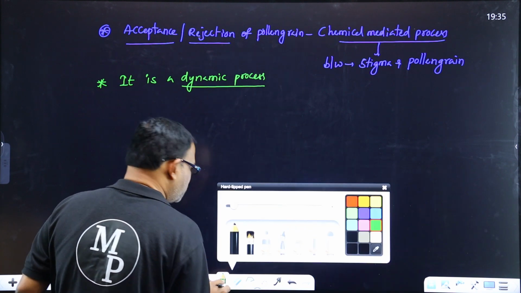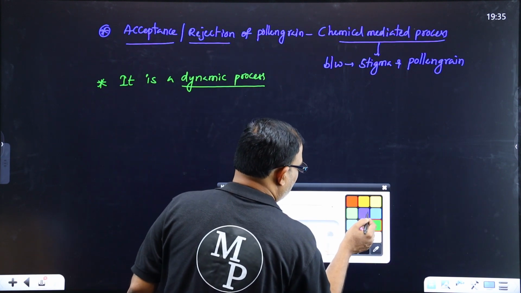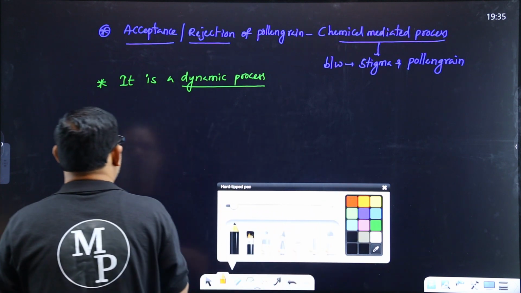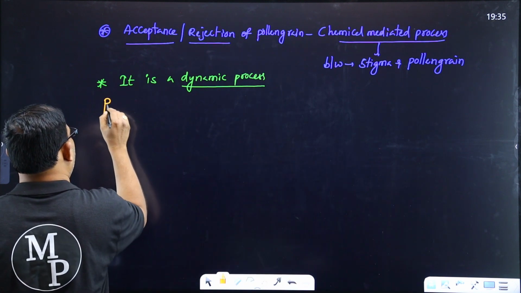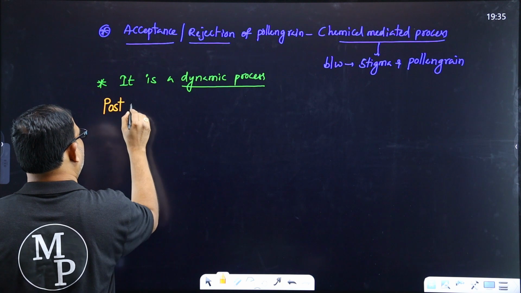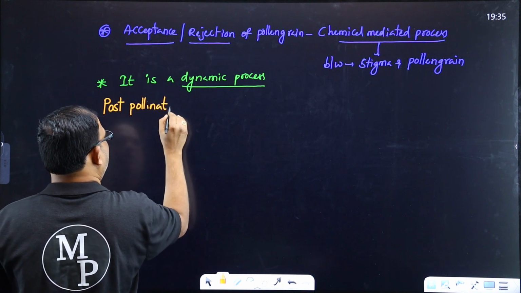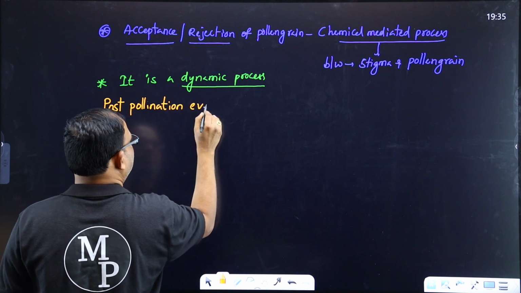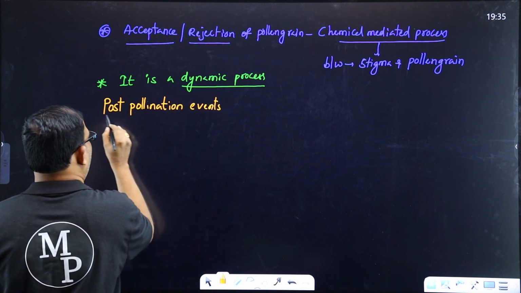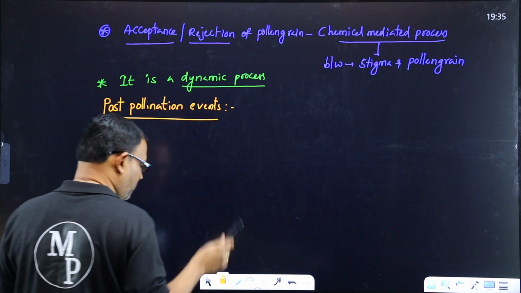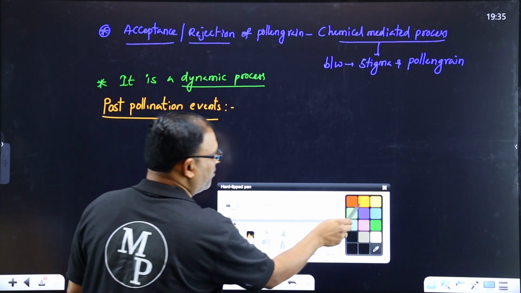So what are the post pollination events in a flower? See now. Post pollination events in a flower. Very very important, careful all of you.